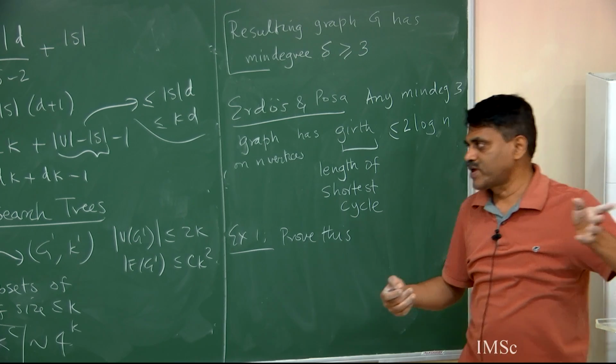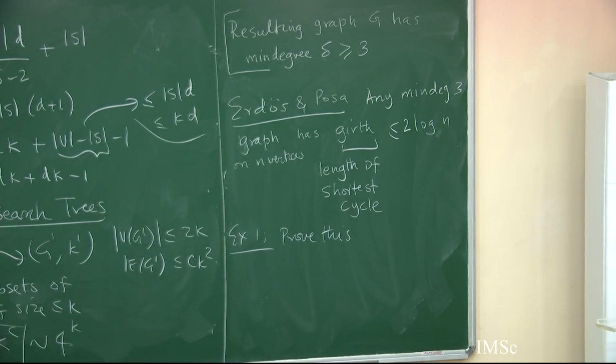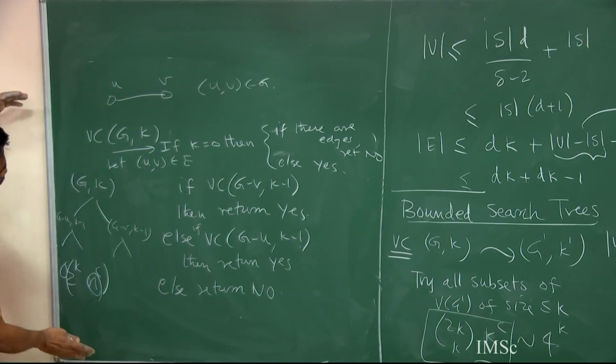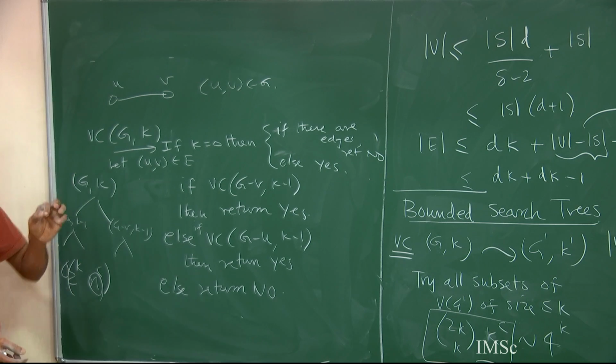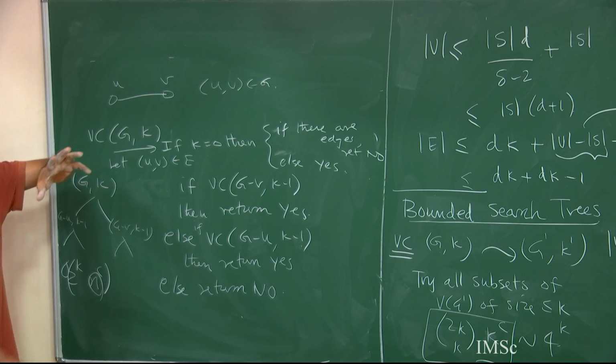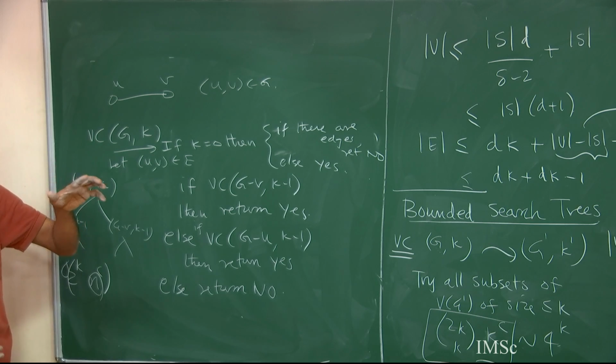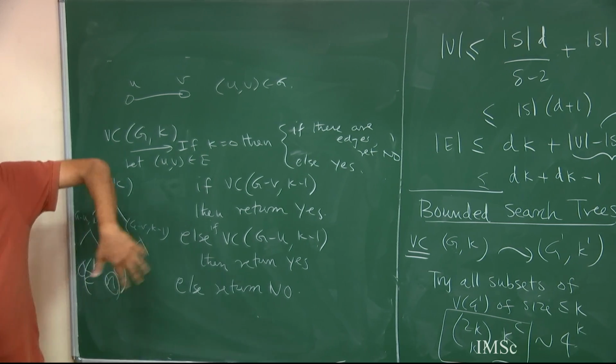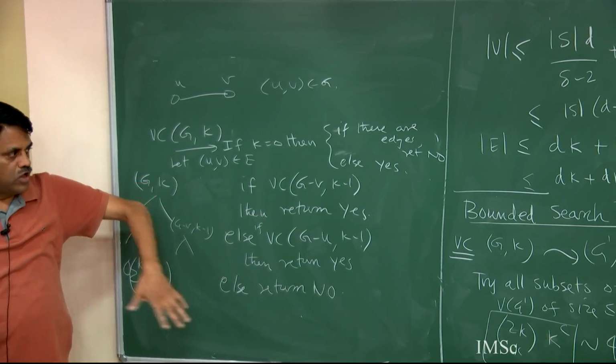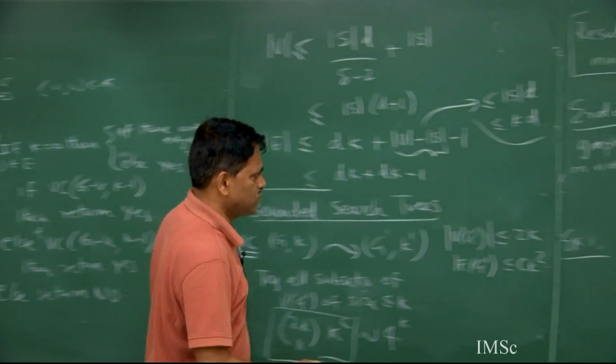Log n to the power k, right? This was 2 power k because it's a two-way branching to a height k. The height will remain k because once I pick a vertex and delete it, now in the remaining graph, I will look for a feedback vertex set of size k minus 1. But I have so many choices now. Log n power k.